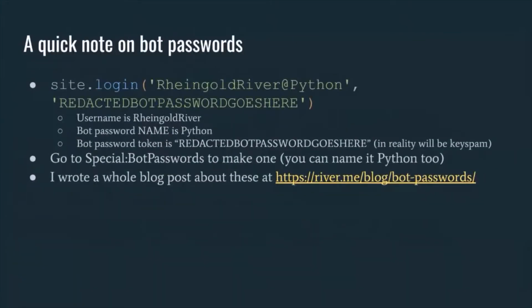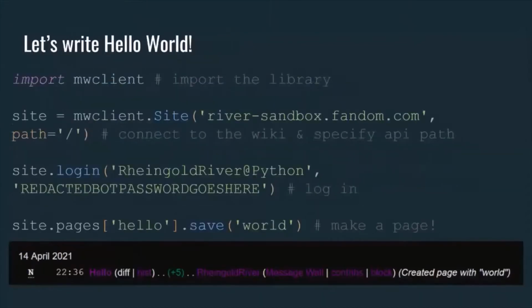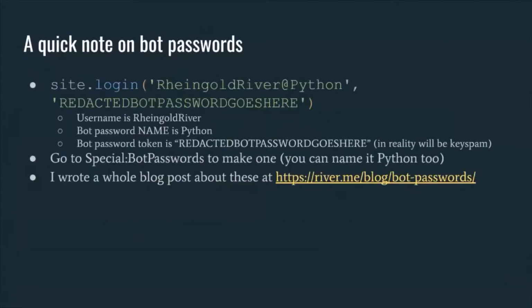A quick note about bot passwords. If you've never worked with the MediaWiki API before, a bot password is how you log into the API, unless you have something with OAuth set up on your wiki. I'm actually not sure how well MW Client supports OAuth.